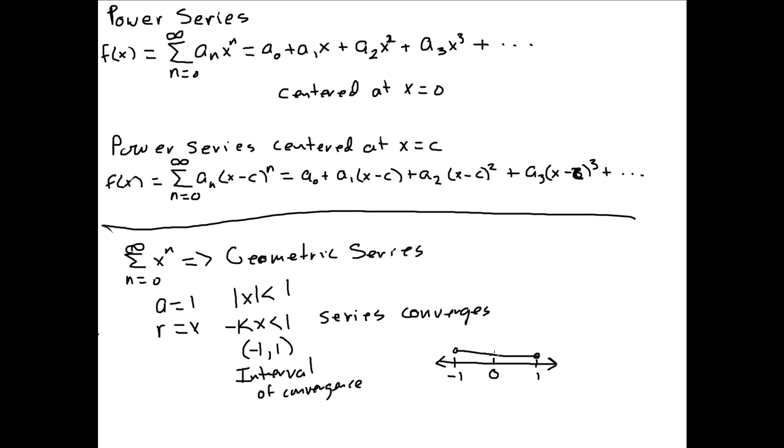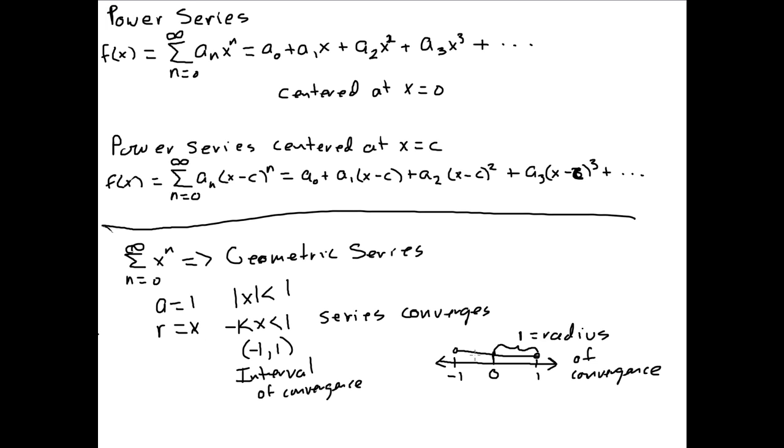But we also have another terminology. If we go right down the middle and go to one side, this is a length of 1, so 1 is called the radius of convergence. So there's just some terminology for us. This is a geometric series. It expands out to the power series.